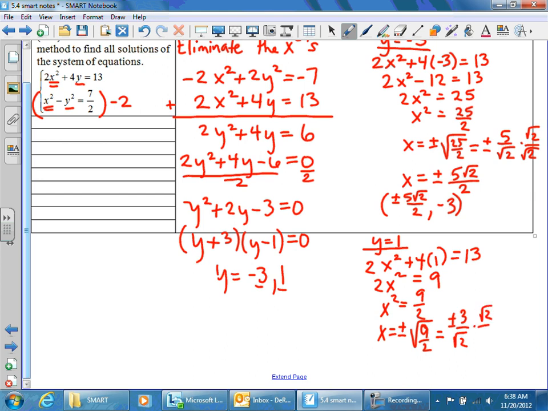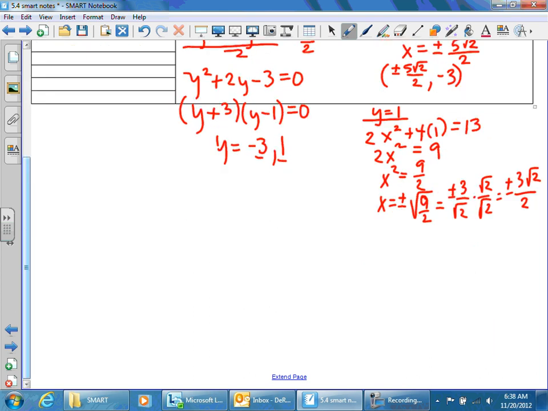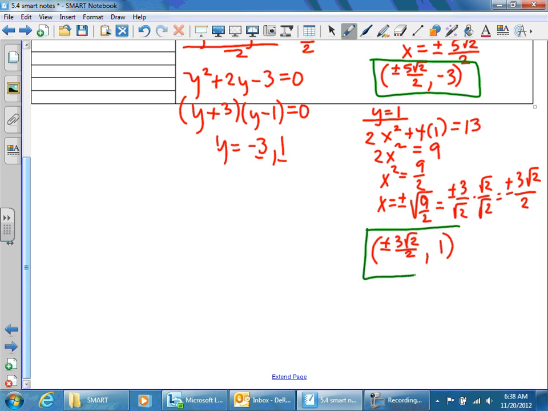Again, I need to rationalize. So then I got the solutions to be, so there were 4 intersection points on this system.